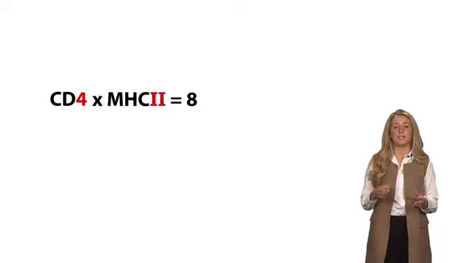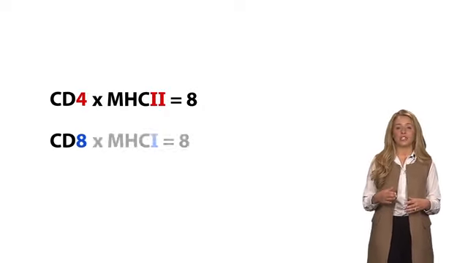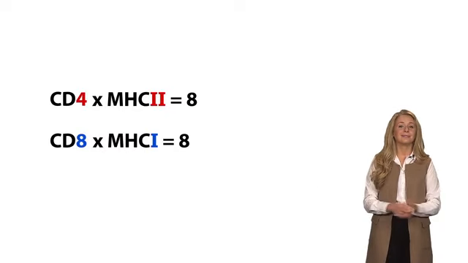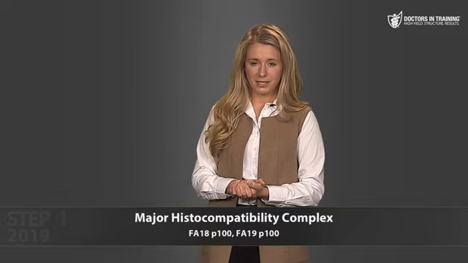It's pretty easy to keep this straight in your head. You just multiply the CD number by the MHC number, and you get 8. CD4 times MHC2 equals 8, and CD8 and MHC1 also equals 8. How convenient is that?